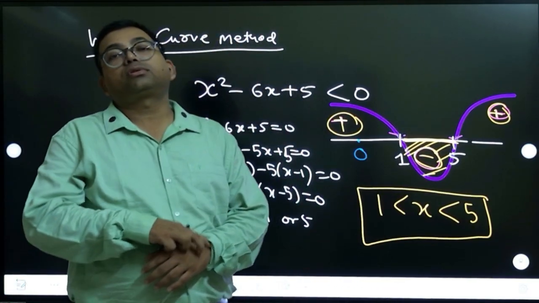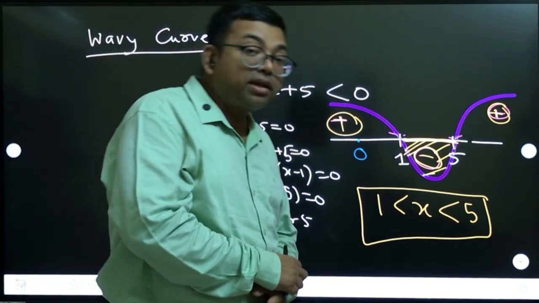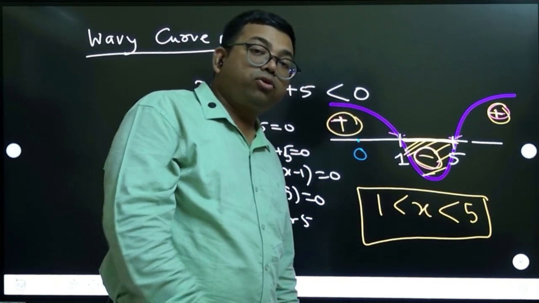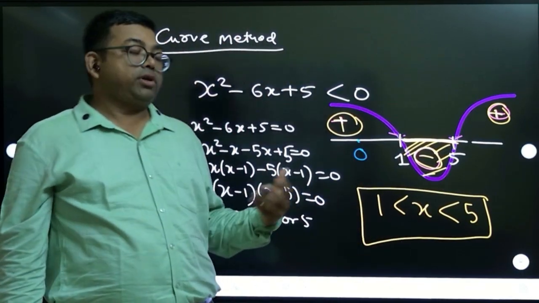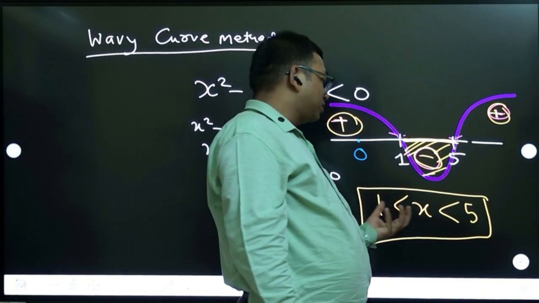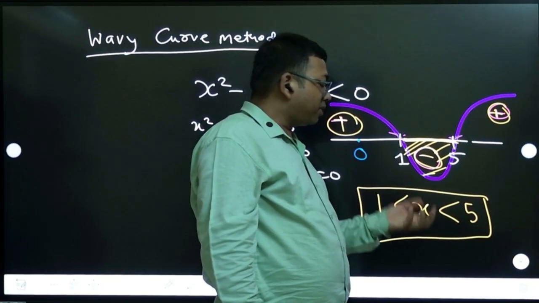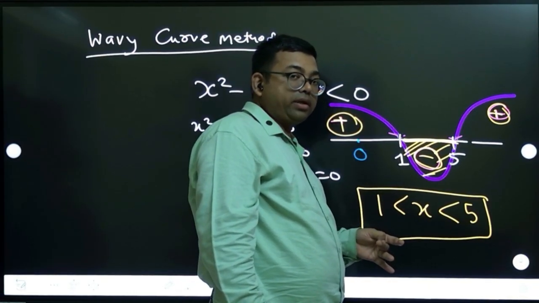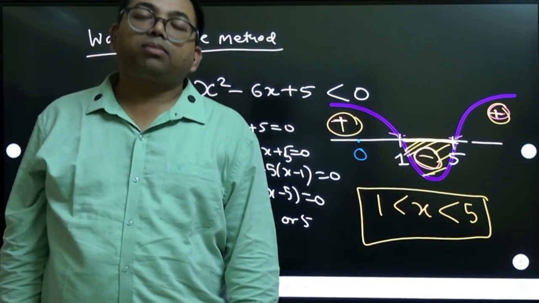Between 1 and 5 means any values, but if x has to be a number, like the number of human beings, objects or bullets, then it cannot be a fraction. So between 1 and 5 we can take 2, 3, 4. With this idea we can solve problems.